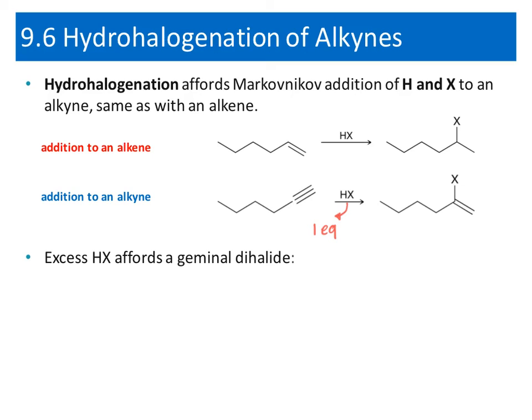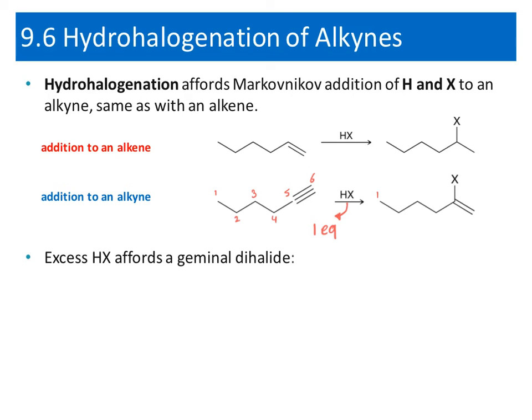So addition is again Markovnikov, exactly similar to the alkene. Sometimes it might be hard to follow the number of carbons, so it would be a good idea to number all the carbons. The pattern of numbering does not matter. We just need to number the carbons to keep track of them.